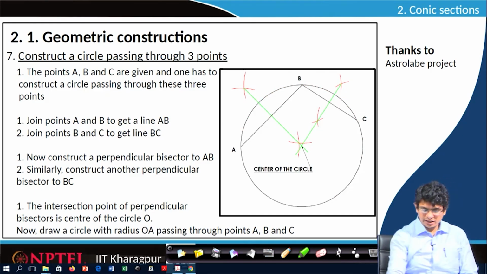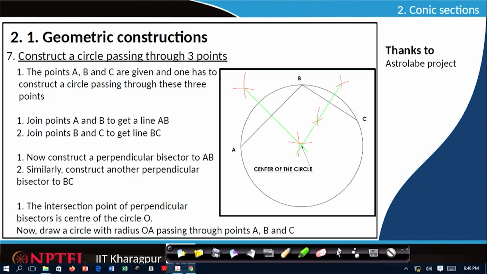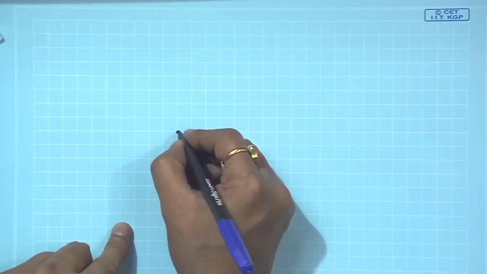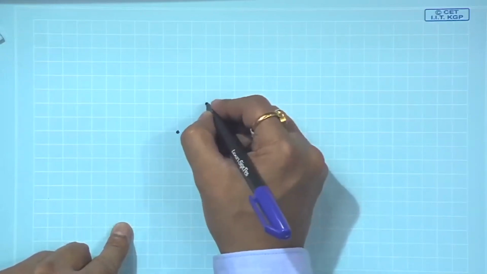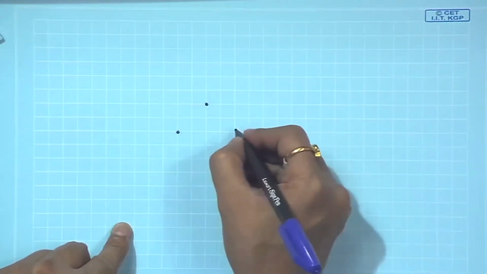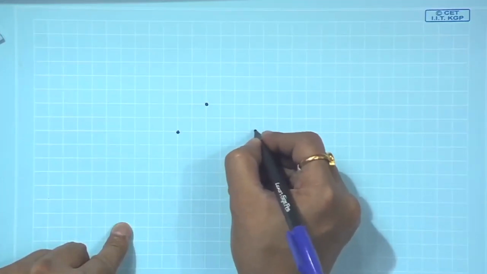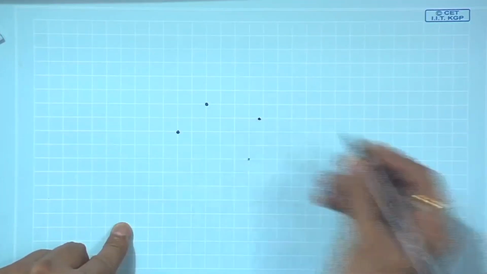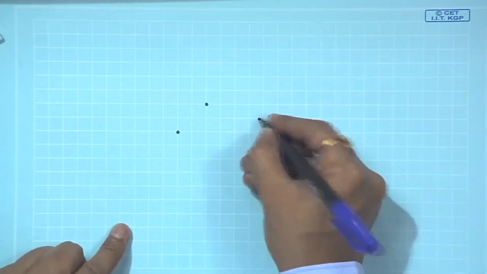Let us look at that on the sheet. We know 3 points: A, perhaps some point B, maybe some point C. These are the points we know.